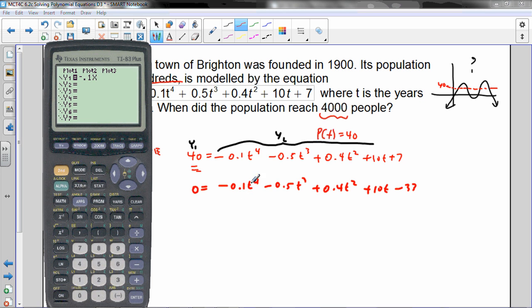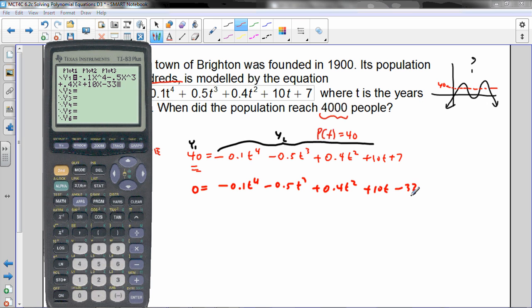Notice I put in an x instead of t, and that's all good. t to the exponent 3. Hate when it does that. Minus 33.